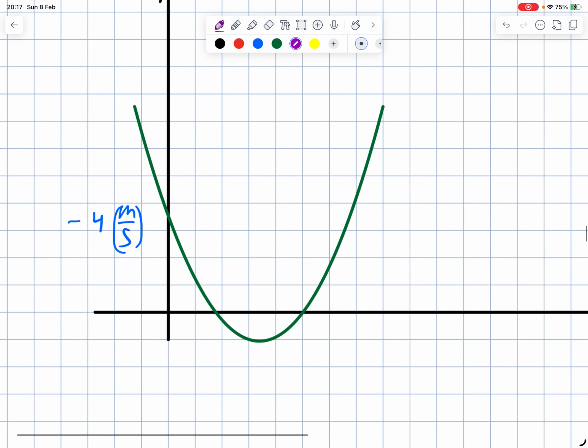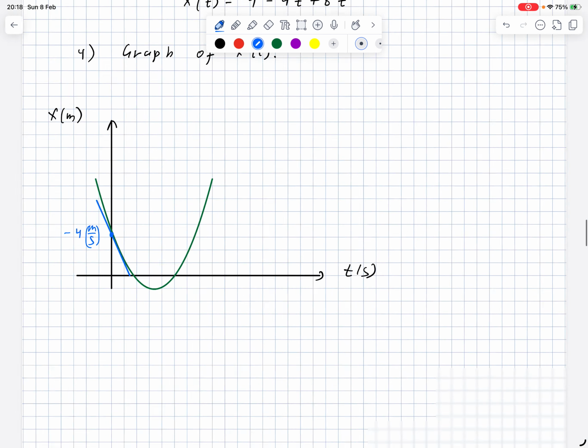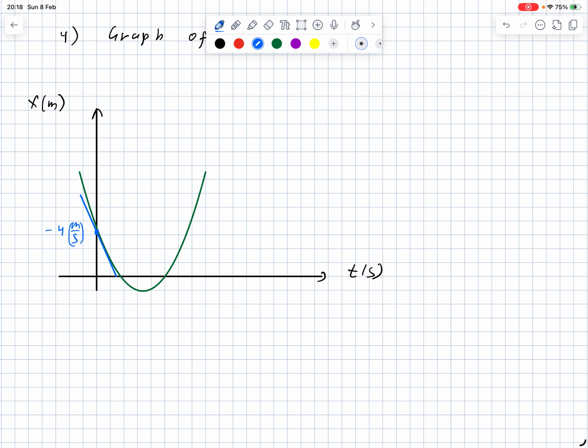Suppose this is the initial position of 4 meters here, and the slope here will look something like this. The slope, or instantaneous slope or tangent of this parabola at time t equals 0 seconds would be minus 4 meters per second. And that's how this graph should look like.